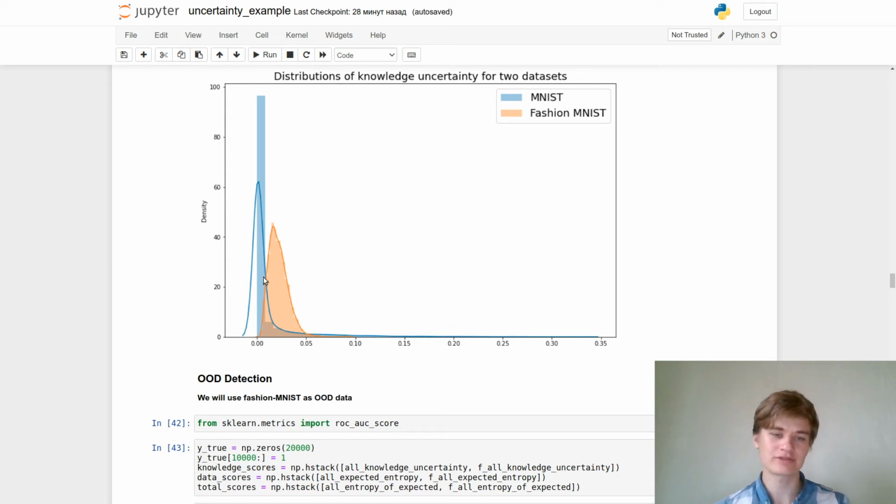You can see that in general we have low knowledge uncertainty on our in-domain data, and we have considerably bigger knowledge uncertainty for our out-of-domain data. And we should use this to do out-of-domain detection, for example.